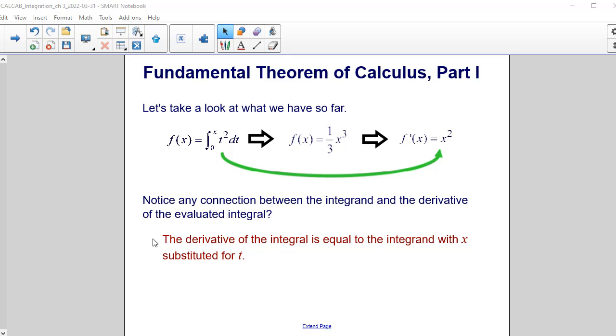The derivative of the integral is equal to the integrand with x substituted for t. Here we have t squared, and here we have x squared.